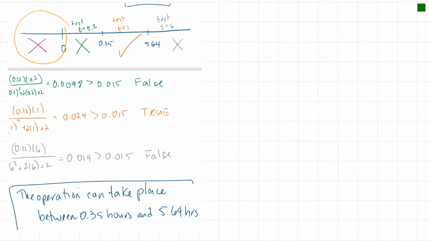So that means that my number line is actually between 0 and 0.35, and then between 0.35 and 5.64 and beyond. So that is a little bit different than the purely theoretical problems that we have worked on so far. In the applied problems, you have to sort of take out the numbers that make absolutely no sense. In this case, negative time.